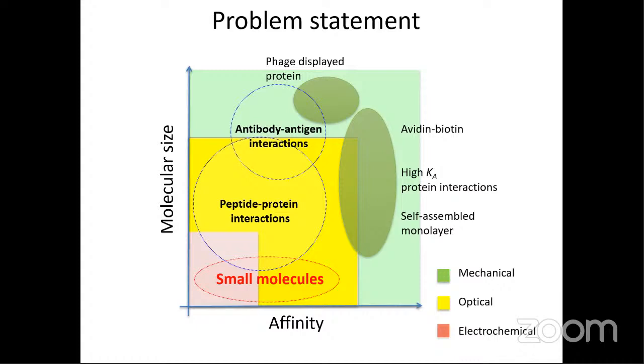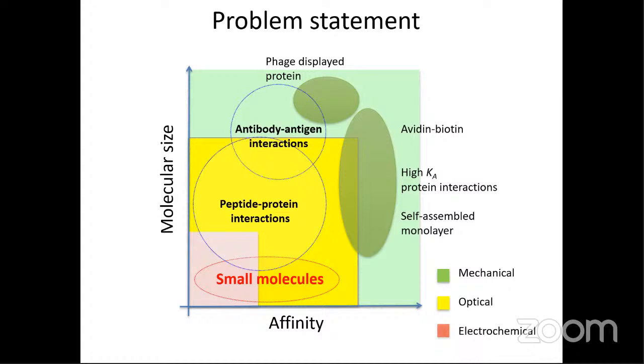And you can see in the green area, mechanical-based biosensing methods, something like QCM or AFM or cantilever-based detection methods, detect the presence or the mass of the molecular target.